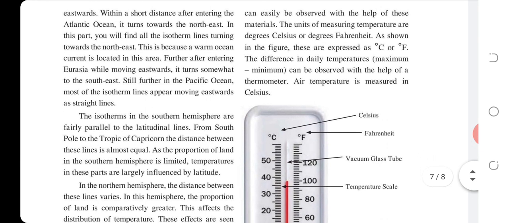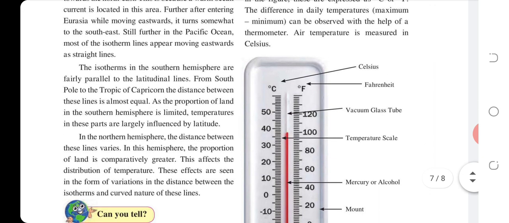The isotherms in the southern hemisphere are fairly parallel to the latitudinal lines from the South Pole to the Tropic of Capricorn. The distance between these lines is almost equal. As the proportion of land in the southern hemisphere is limited, temperature in these parts is largely influenced by latitudes.